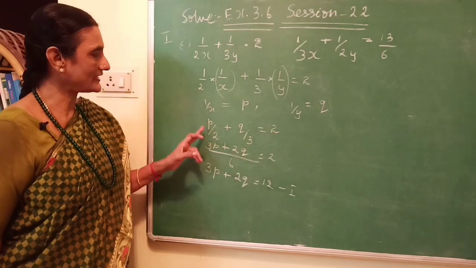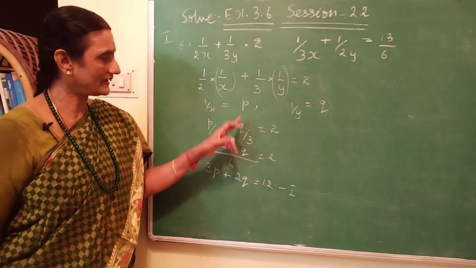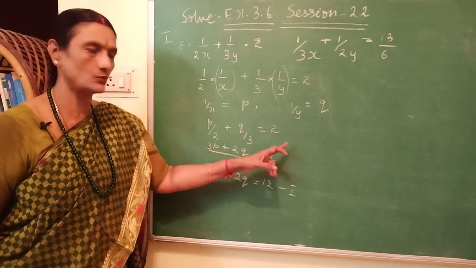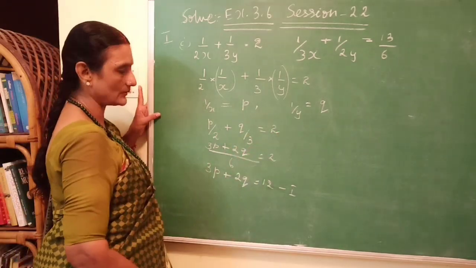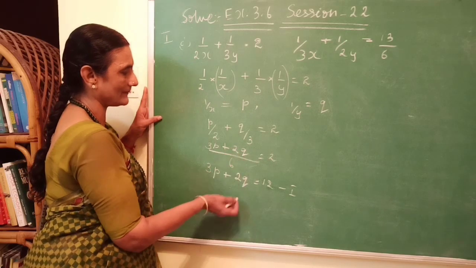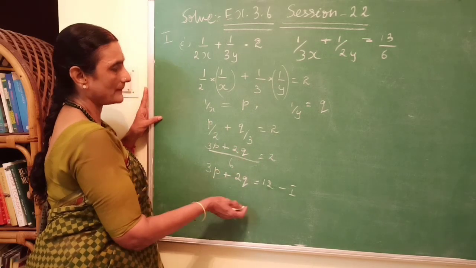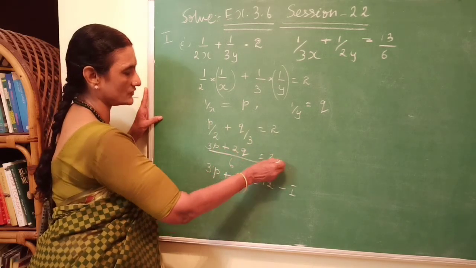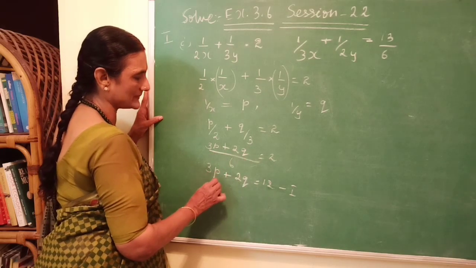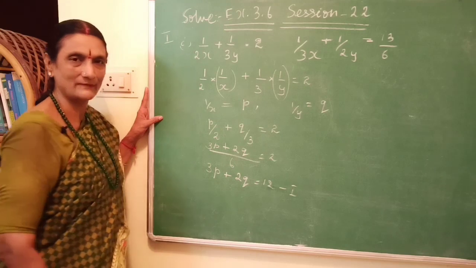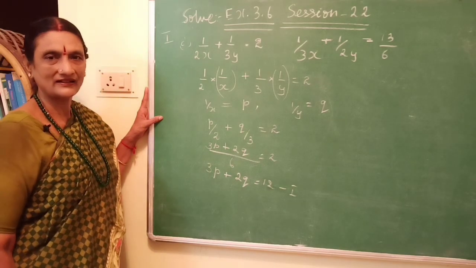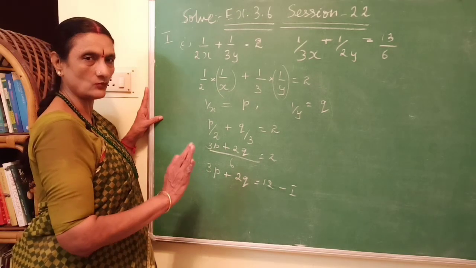So, if you write, you will get p by 2 and here it is q by 3, which is equal to 2. Therefore, we get p by 2 plus q by 3 is equal to 2. 6 is the LCM. So, 3 times p plus 2 times q gives you 12. On simplification, that becomes 3p plus 2q is equal to 12. I have just cross multiplied 6 and 2. Is that clear to you? So, this is equation 1.